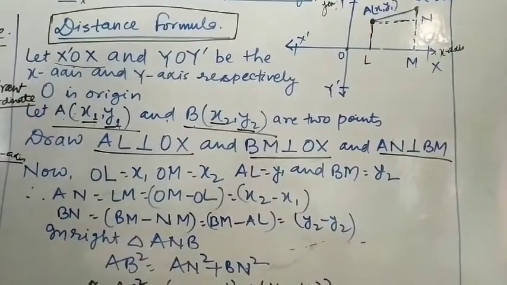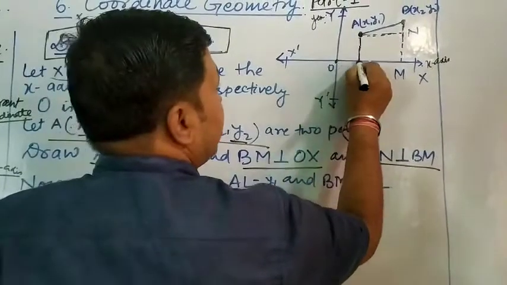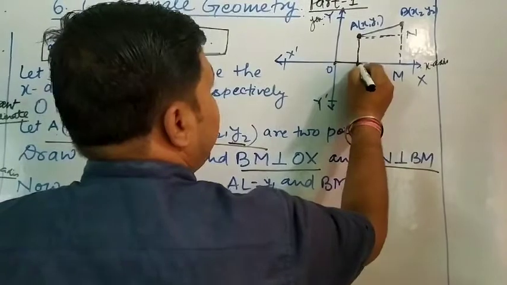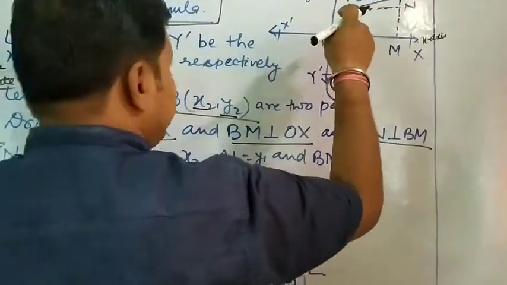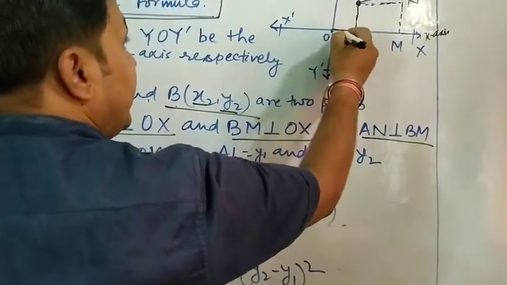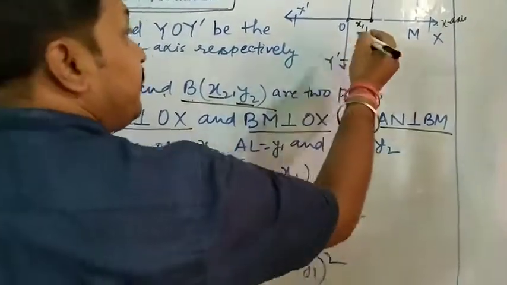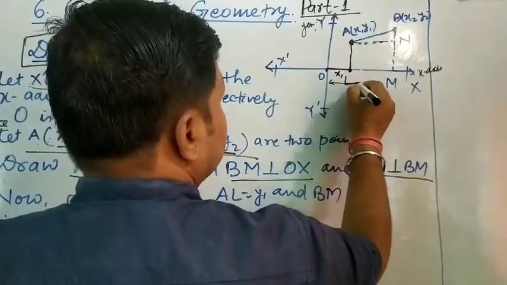Now we first find OL. OL is a point here, so it represents x1. That means OL equal to x1 and OM equal to x2.